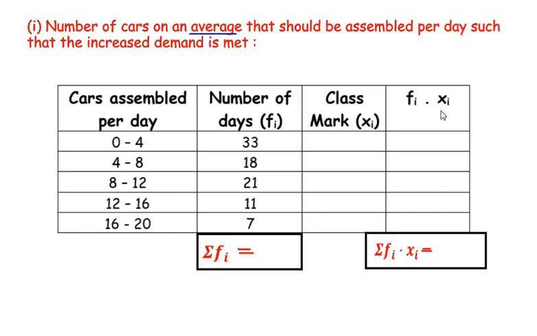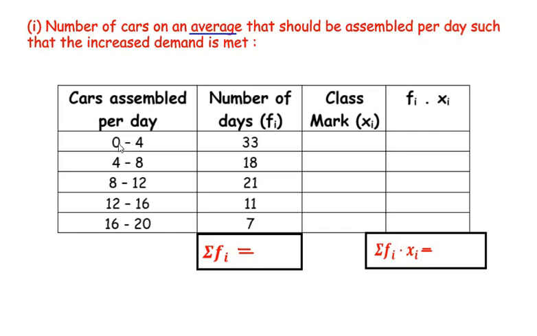Now what are these fi and xi terms? Now the number of days represents the frequency, and frequency I have represented as fi. And class mark is xi, and class mark is nothing but we come back to the cars assembled per day, and to calculate xi we take the upper class limit and add it with the lower class limit and divide by 2. So let us start calculating the class mark first.